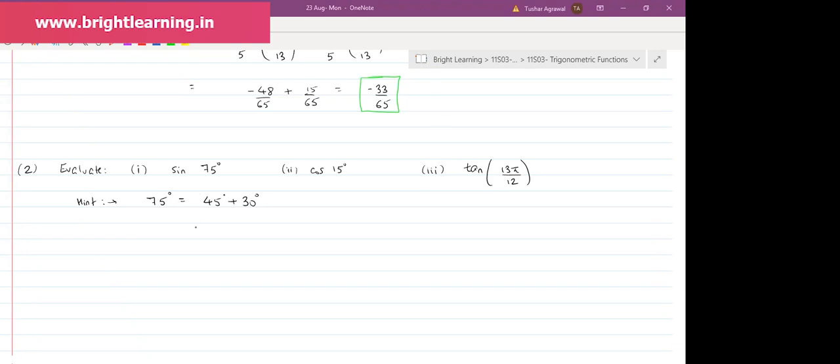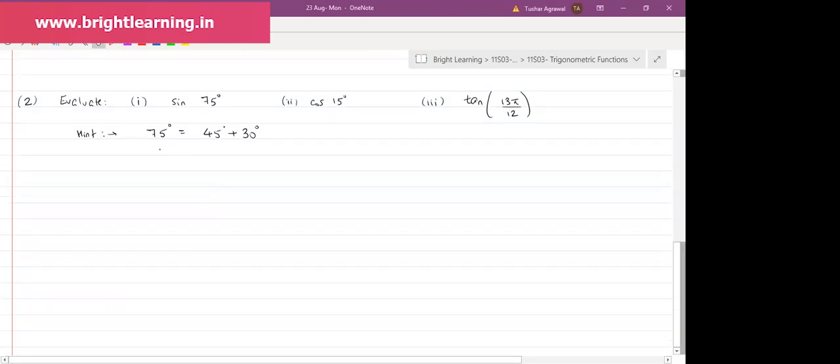Solve the second. Solve the third one. Second also it's easy only. Just solve quickly. Sine of 75 degree, sine of 45 plus 30. So sine of a plus b is sine a cos b plus cos a sine b.